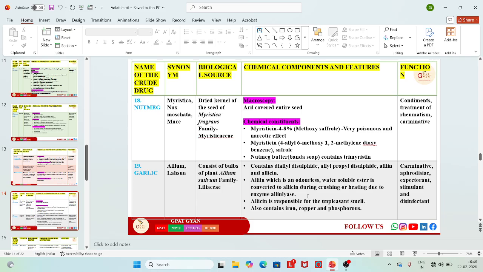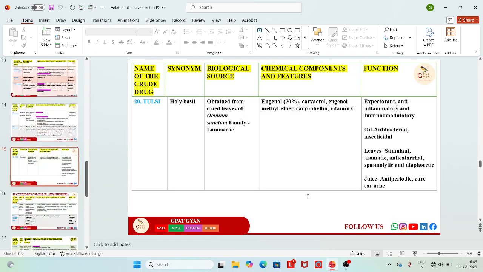You just need to memorize and revise pharmacognosy to score very well. I always tell, and I told multiple times, that pharmacognosy is a very scoring subject if you just memorize the things well. But in the mock test, I'm seeing that you were making very silly mistakes. Please go through the things well.